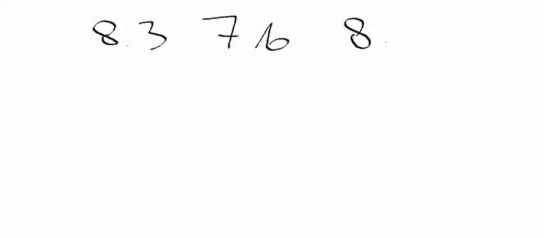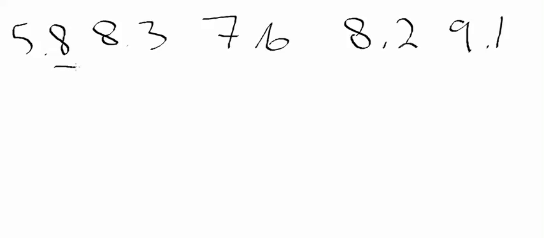So let's have a look at some examples. Rounding these to 0 decimal places, 5.8 first of all. I look at the first decimal place.